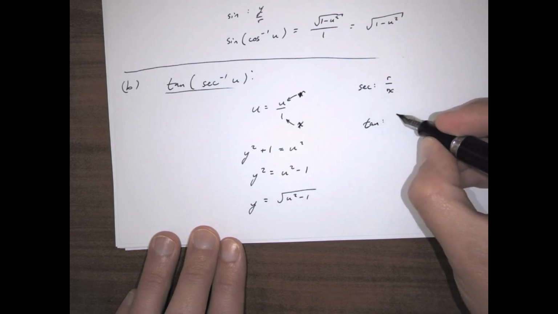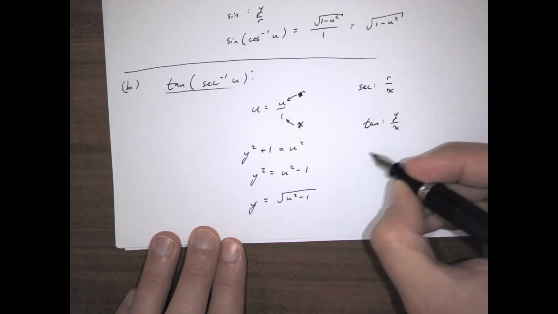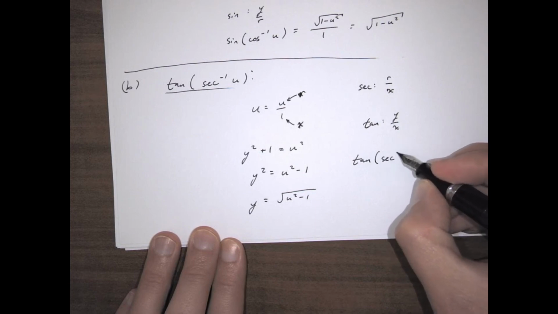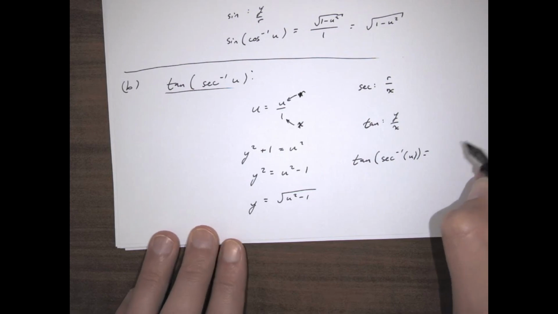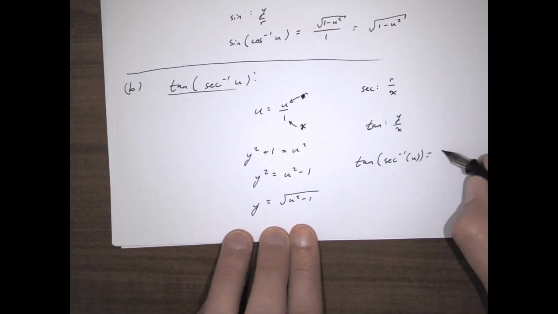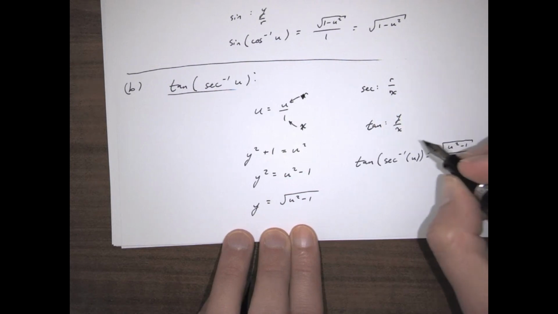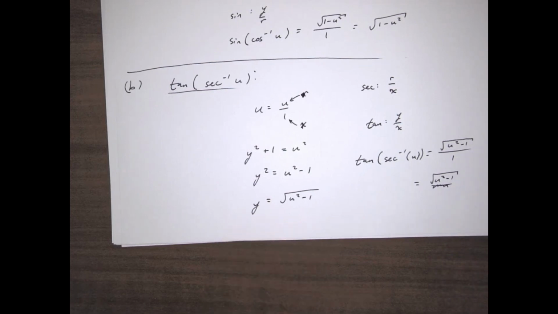So remember what tangents are. That's y over x. And so tangent of secant inverse of u produces now the algebraic expression square root of u squared minus 1 divided by the x, which is 1. So we don't even need the 1.